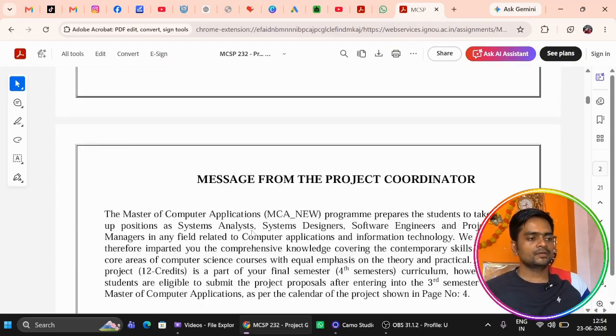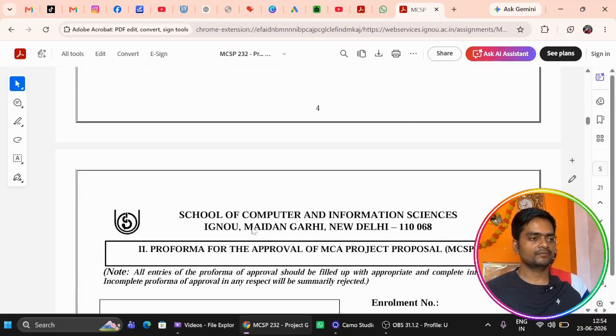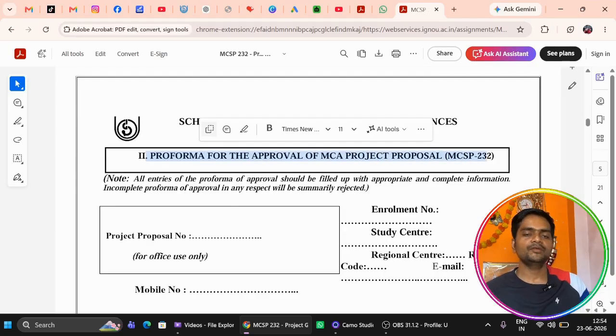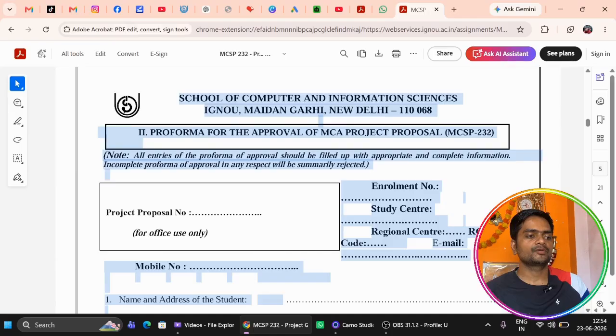So I'm going to the most important parts of the guideline. This is the proforma for the approval of MCA project proposal. When you make the synopsis project proposal for MCSP-232, you have to attach this project proposal proforma with your project proposal.